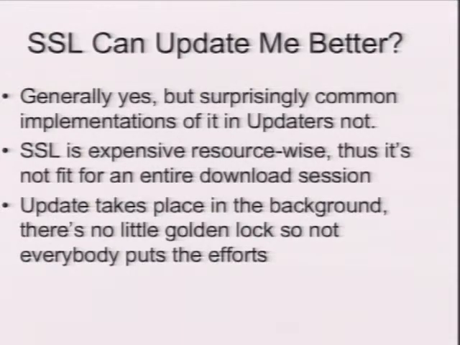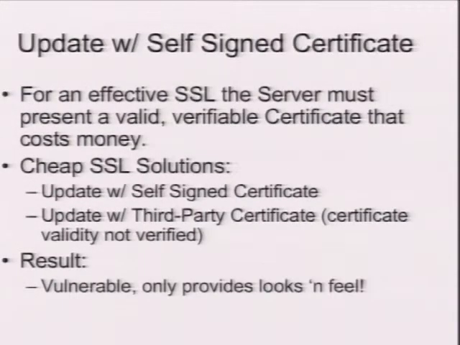So the vendors allow themselves to fool around with SSL and provide you only a sense of security instead of real security. Here you can see some interesting examples that we came across of vendors using SSL to update, but only for show. You can see some cheap solutions like updating with a self-signed certificate. Yeah, that's going to help. We even saw one application which was quite interesting.